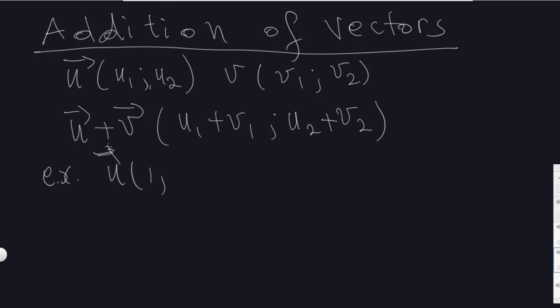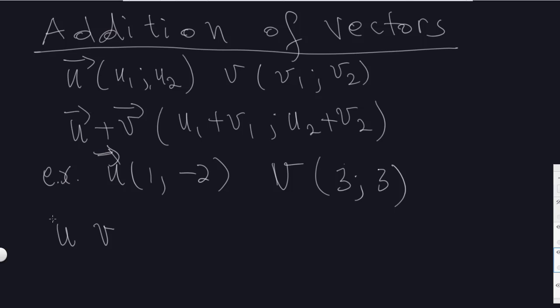Example, you have vector u, 1, minus 2, and the vector v, which has 3 and 3. All right. So what will be the addition of these vectors?